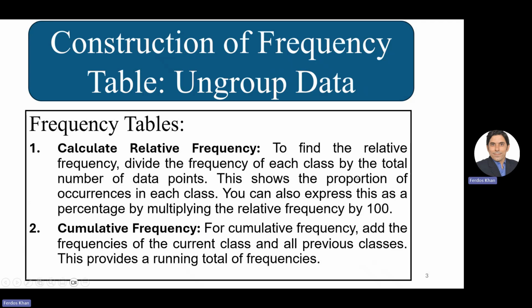This shows the proportion of occurrences of each observation. You can also express this as a percentage by multiplying the relative frequency by 100. So sometimes you need to represent the proportion in percentage. So this is all about relative frequency.